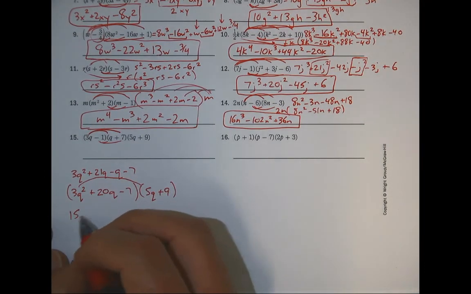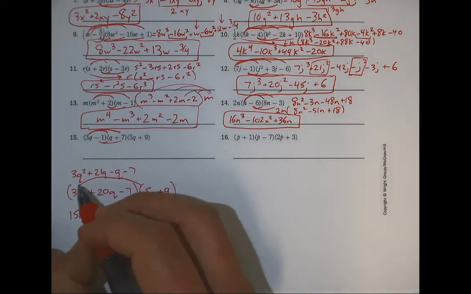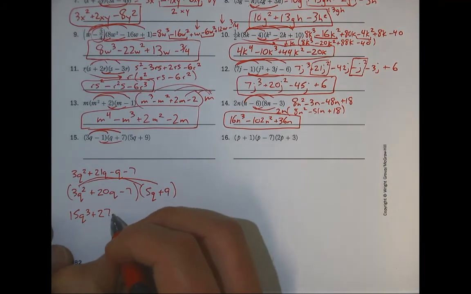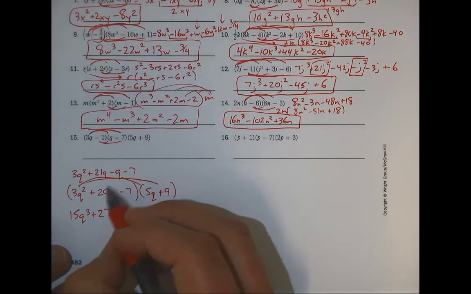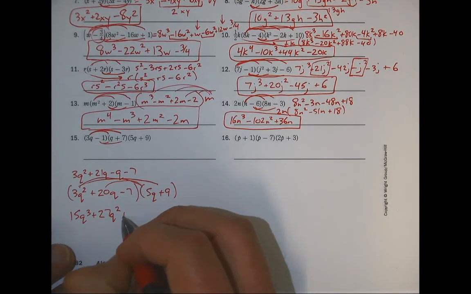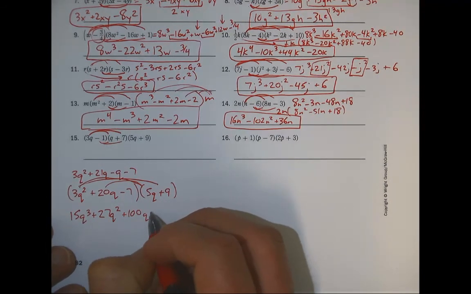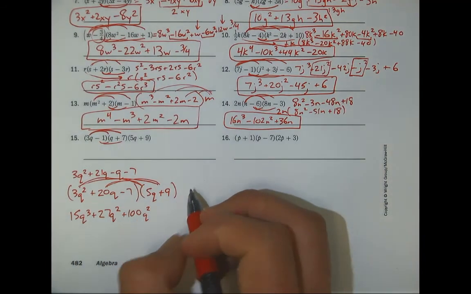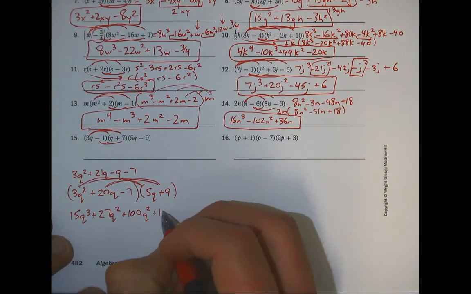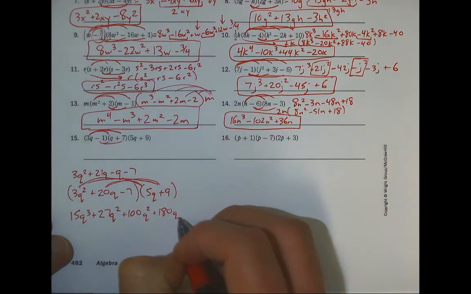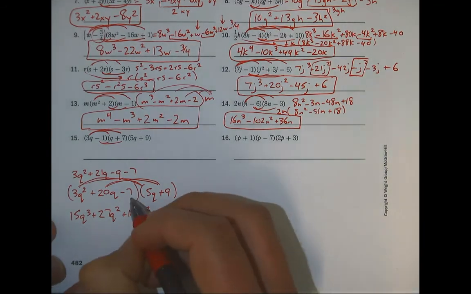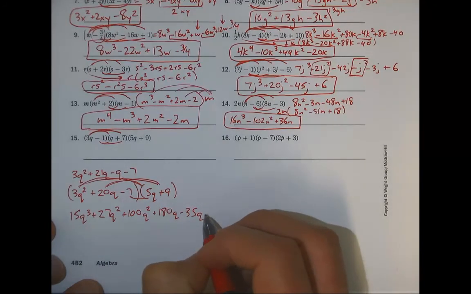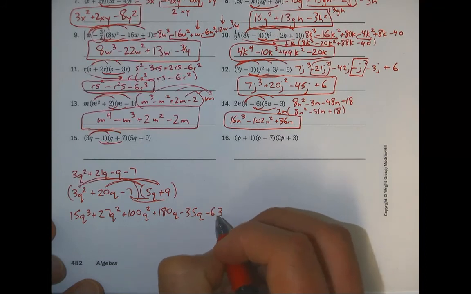So that's 15q to the third. Then I'm going to multiply out here. That's 27q squared. Now the 20 gets both of them. That's 100q squared. And that is 180q. And then last but not least, right here, negative 35q, negative 63.